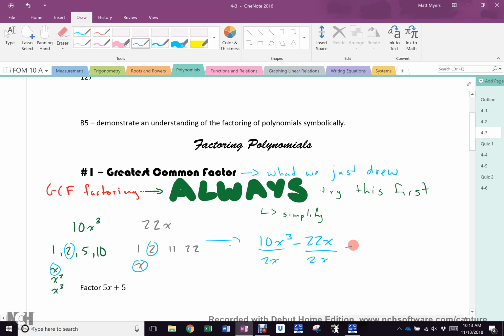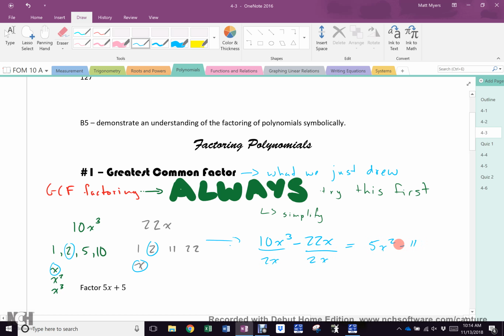What's x cubed divided by x? X squared. What's 22 divided by 2? 11. What's x divided by x? Nothing. All of you see that, right? But you will forget that there's also a 2x. Because at the end, you have to be able to make this. Everybody cool? Now, that's what's actually happening.